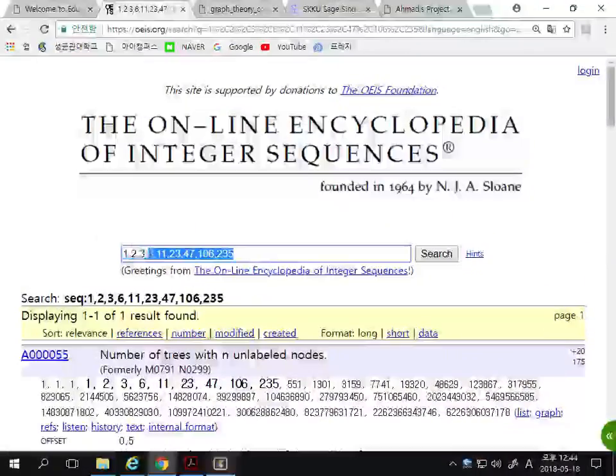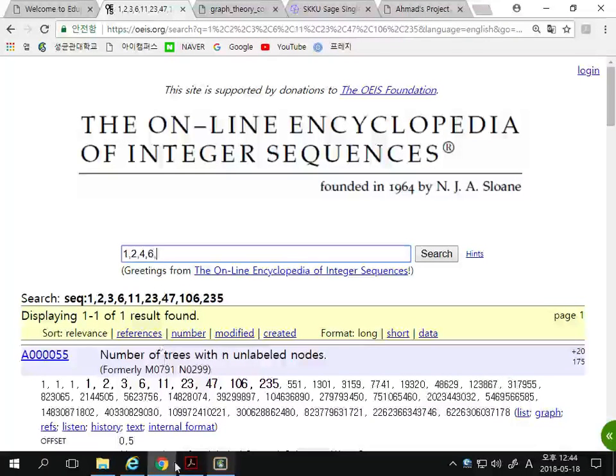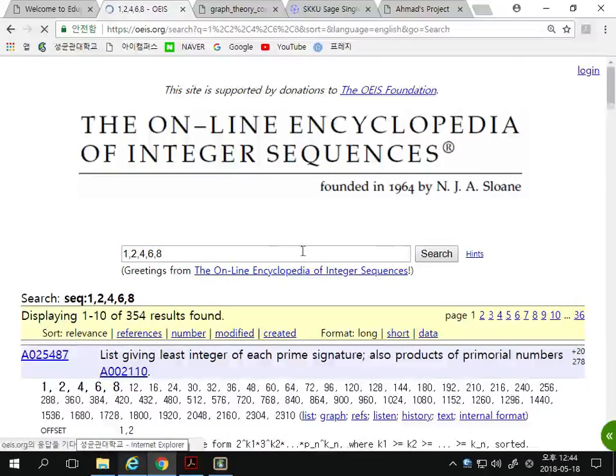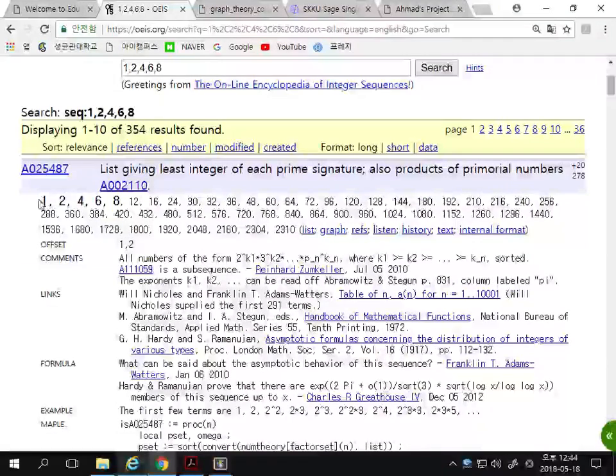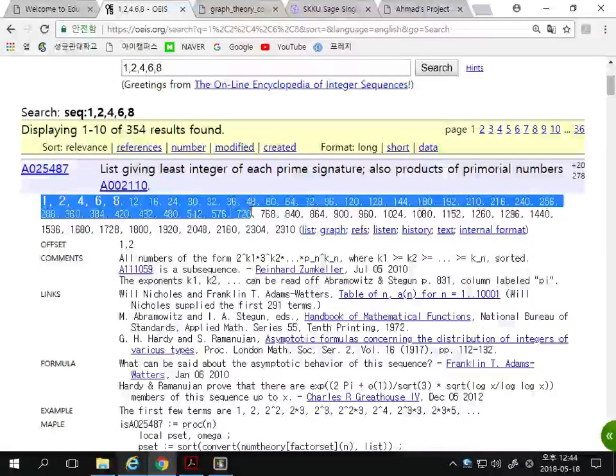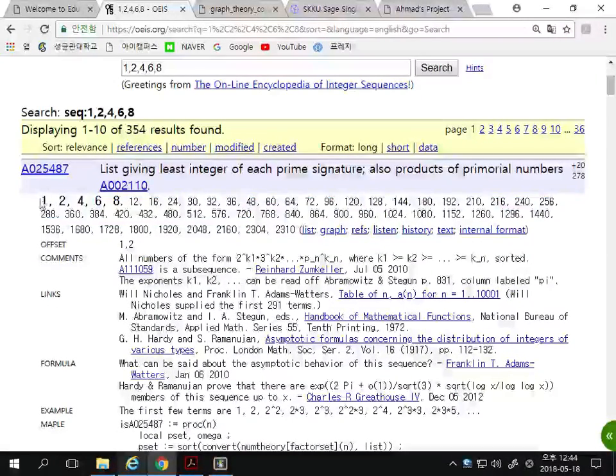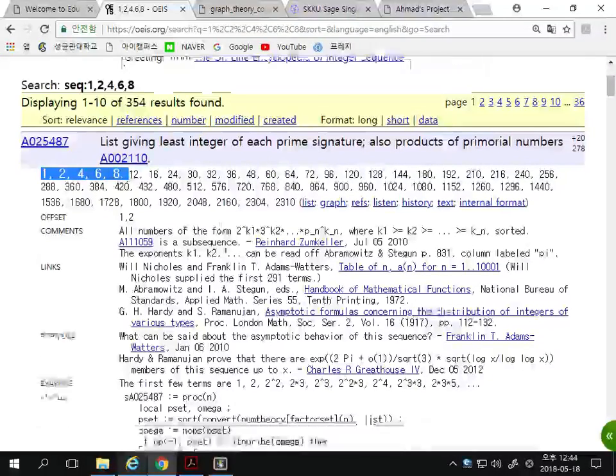That's the kind of recurrence relations found there. For example, if you have 1, 2, 4, 6, 8, then we'll see. The answer for this sequence: you can find that it can be a part of this, or this number of integers is part of other series.